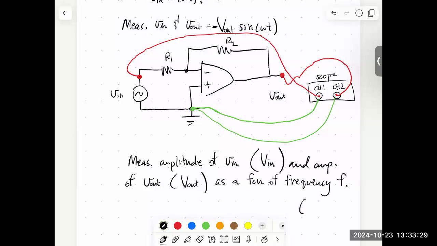Right, so where F is going to be the angular frequency divided by 2 pi. So we have a knob on the function generator, and so we can vary the frequency as we like.